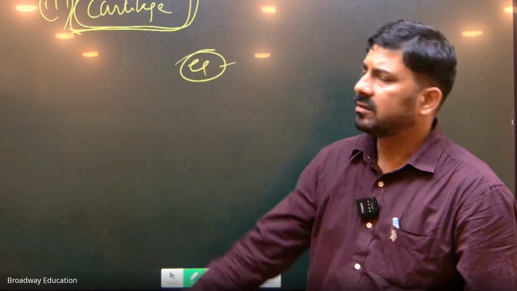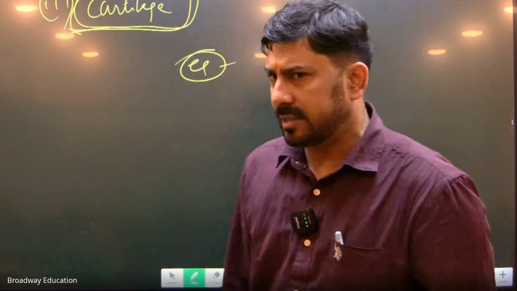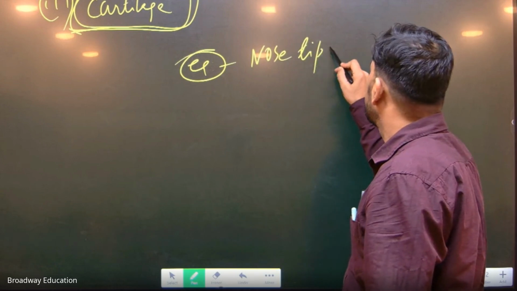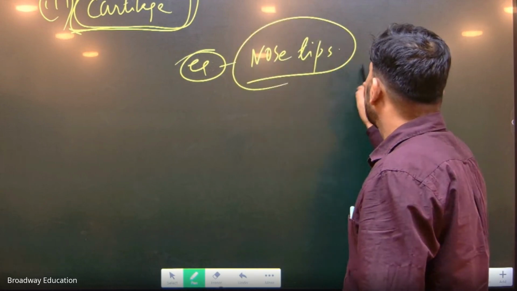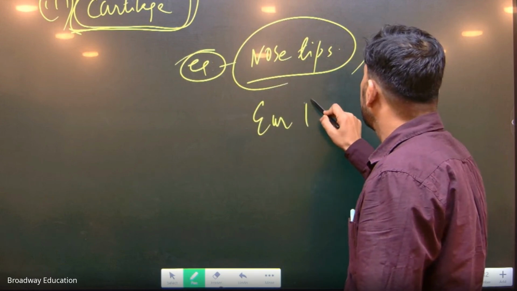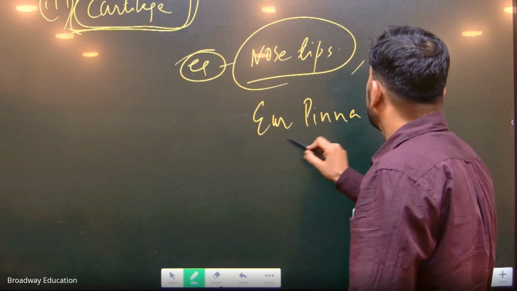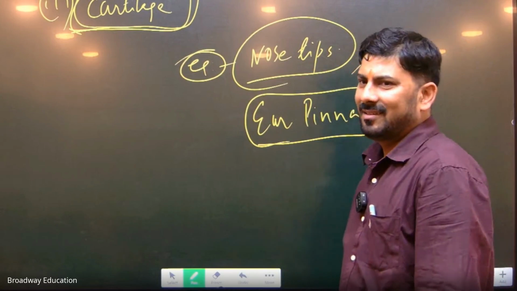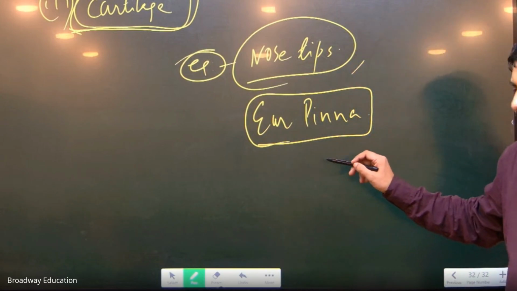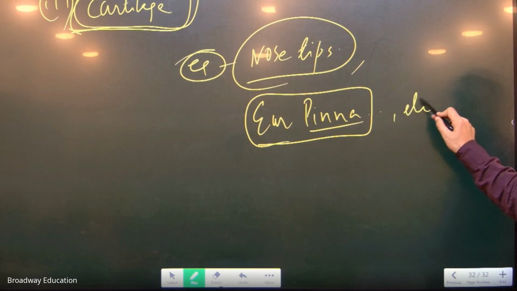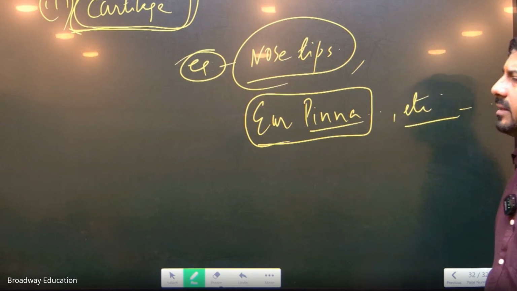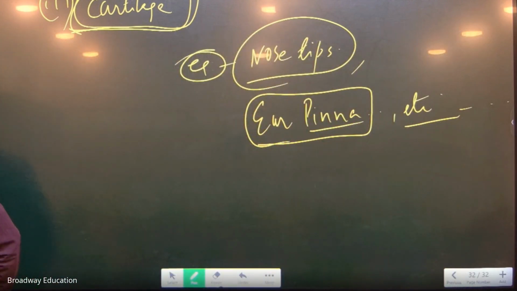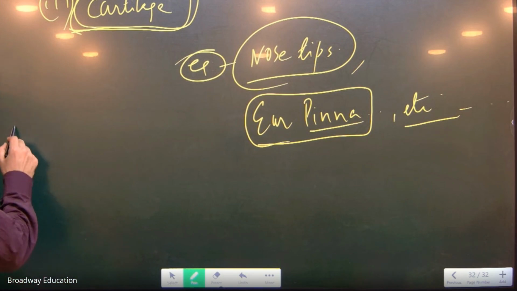For example, nose tips, ear pinna, etc. Now, the fourth one: areolar tissues.